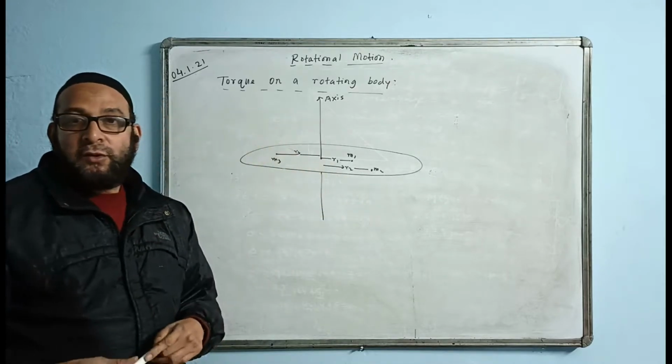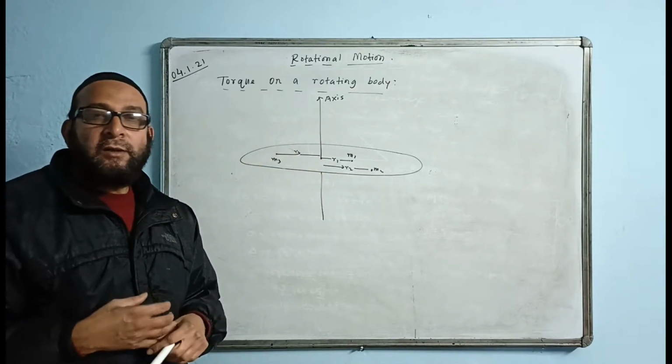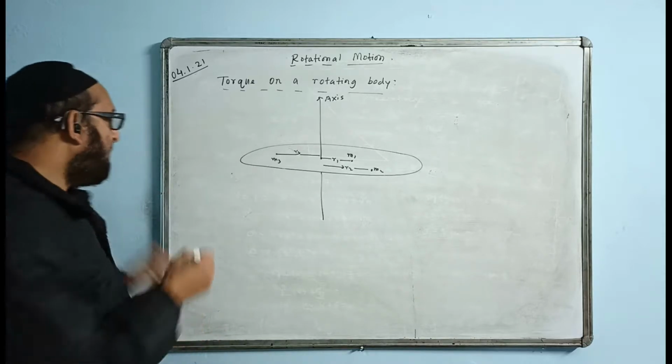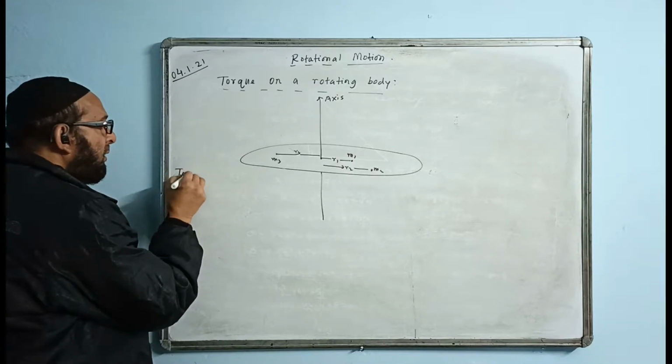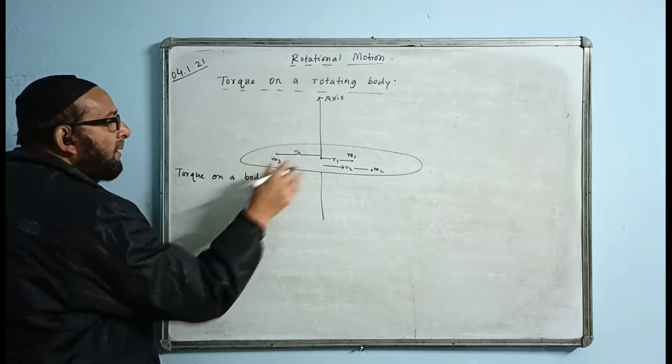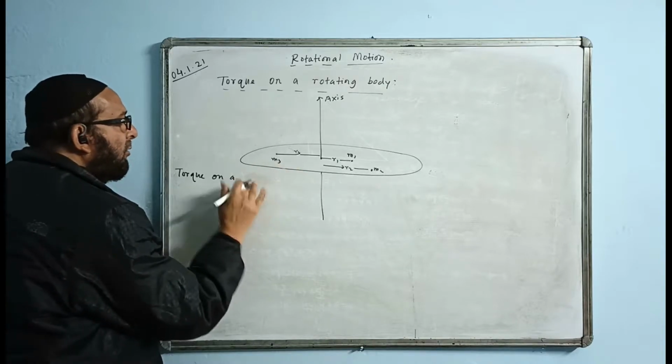Torque is moment of force, and you have learned the formula of moment of force in class 10 also. The formula is F into R. So we want the torque on a single particle.